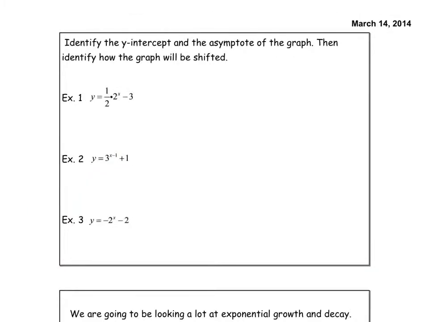So when we're graphing exponential functions, it's important to always identify where the y-intercept is going to be and to also identify where the asymptote is. So the asymptote, remember, is always going to be at y equals whatever k is. So the asymptote here is at y equals k, -3. Then to get the y-intercept, you get it by putting 0 in for x.